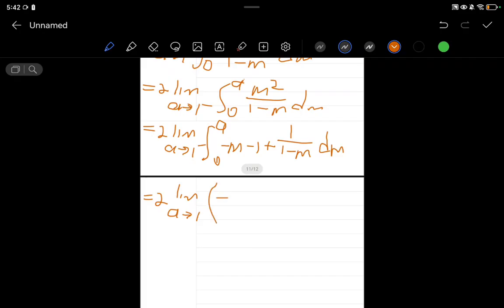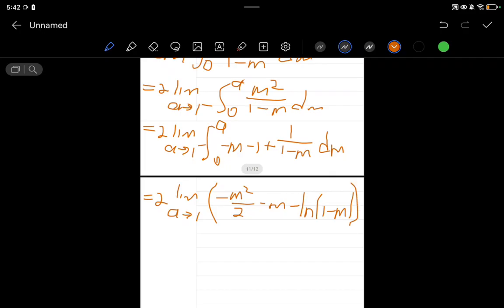Minus m squared over 2, right? If I integrate minus 1, I'll get minus m. If I integrate 1 over 1 minus m, I'll get minus ln, because the derivative of the inside is minus, right? That's why I have minus ln of 1 minus m. Alright, and then I think this would be the case.